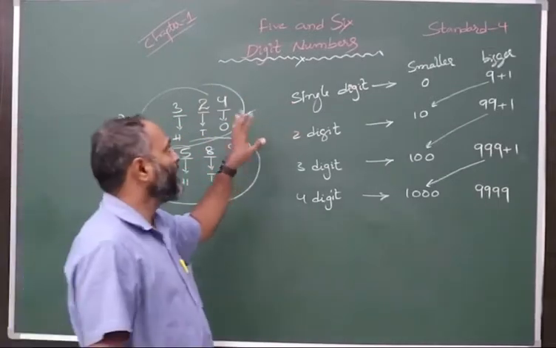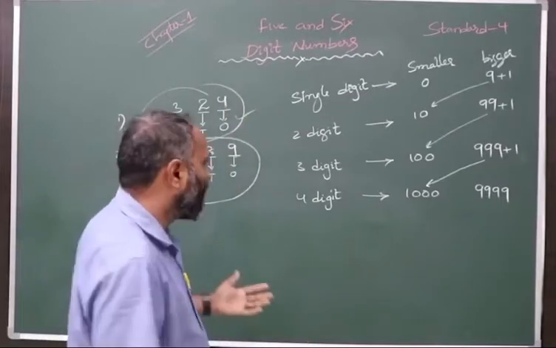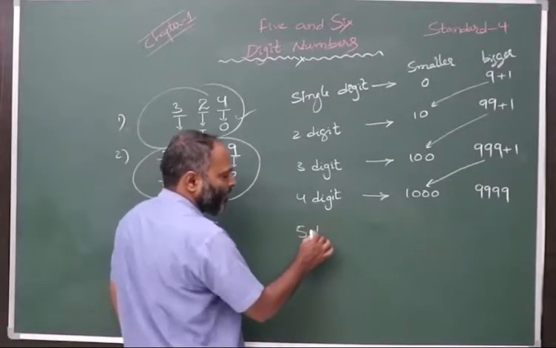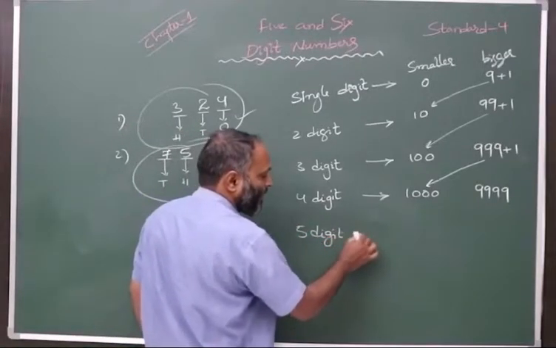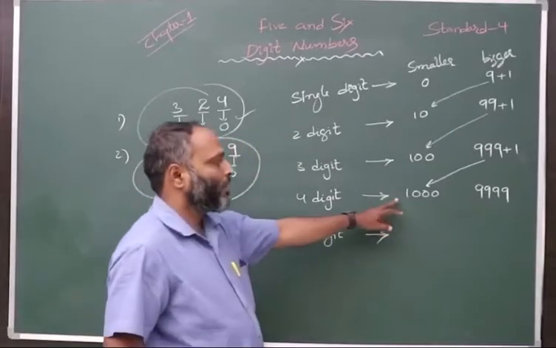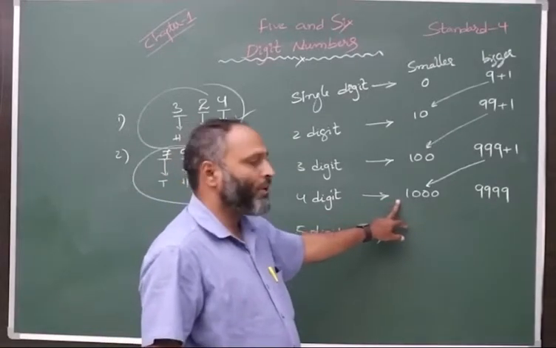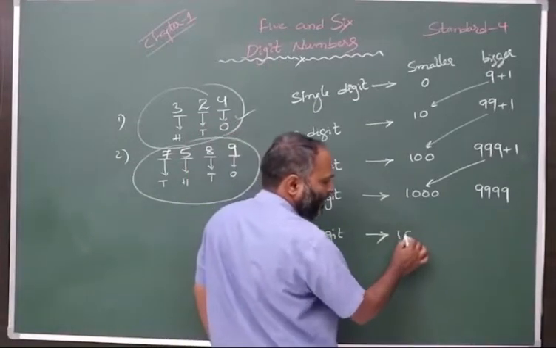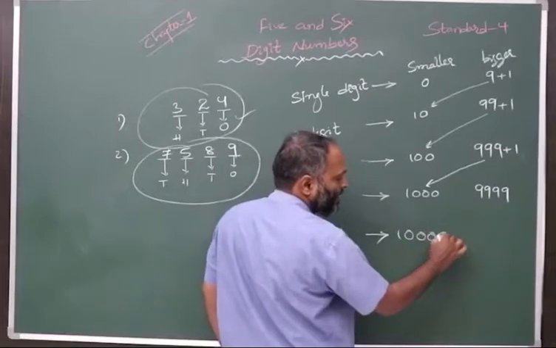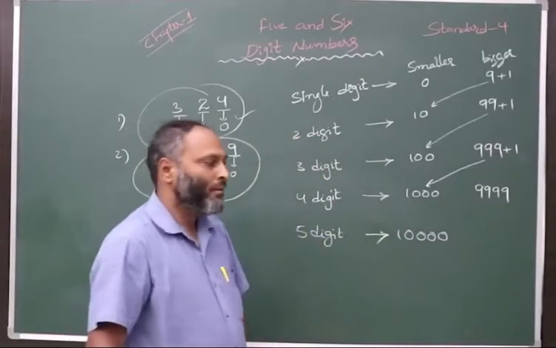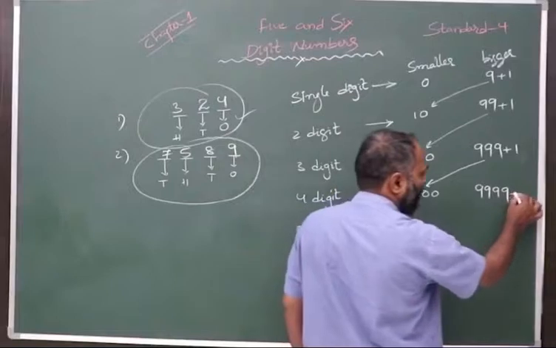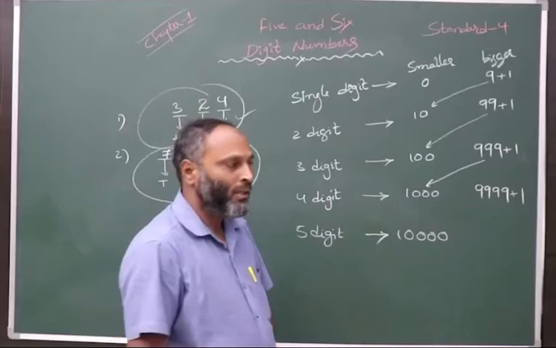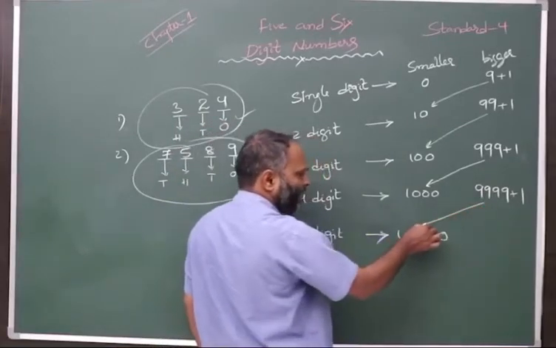In the same way, again we are going to start 5 digit and 6 digit numbers. Then what is the procedure here? See here. First, the 5 digit smaller number. In the same way, 1000 is the 4 digit smaller number, and the 5 digit smaller number we call 10,000. If we add 1 to 9,999, we get 10,000.